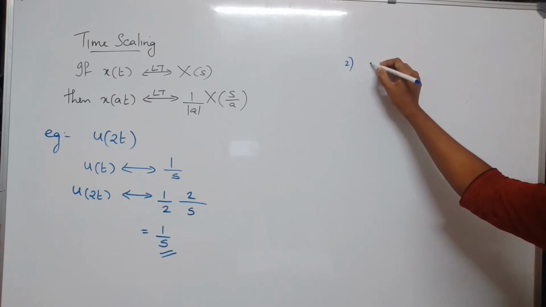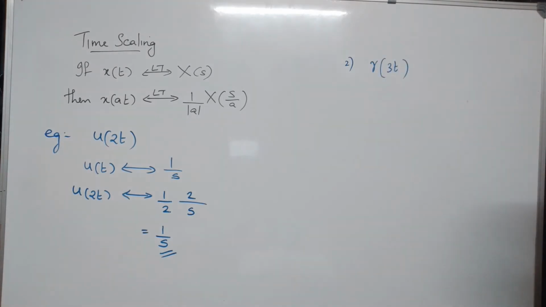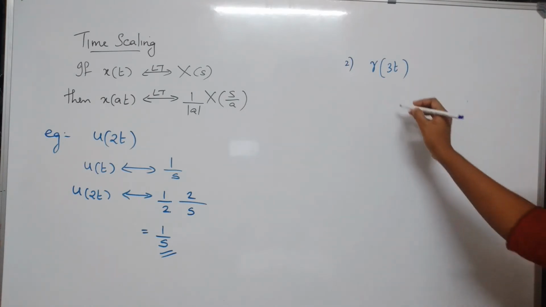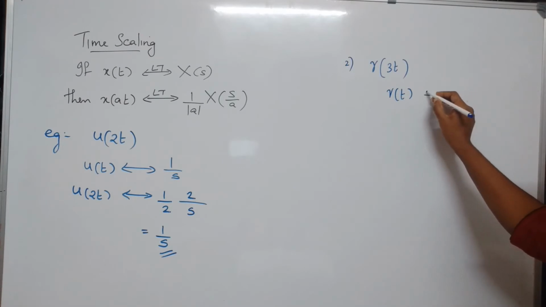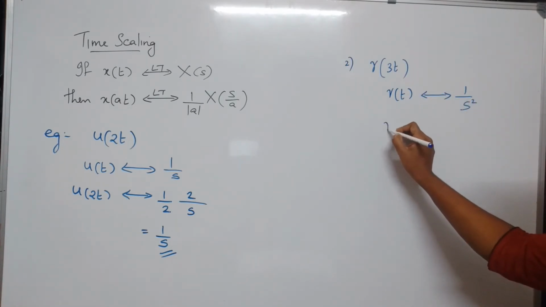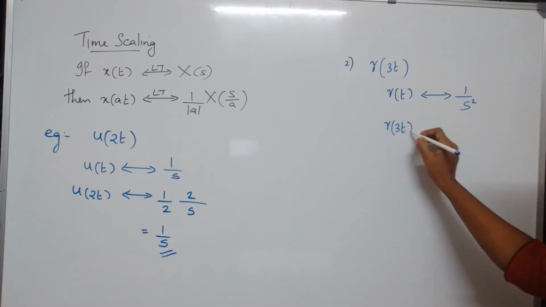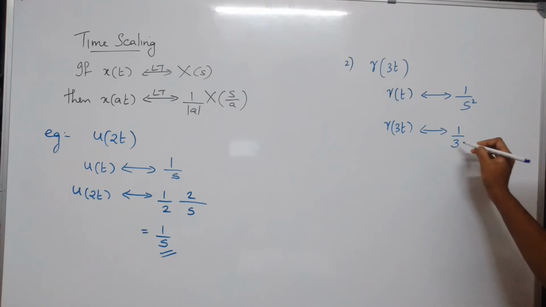Okay, now let's take another example. Find Laplace transform of r of 3t. Then we'll write Laplace transform of r of t is 1 by s square. Then Laplace transform of r of 3t will be 1 by modulus a, that is 1 by 3, X of s by a.